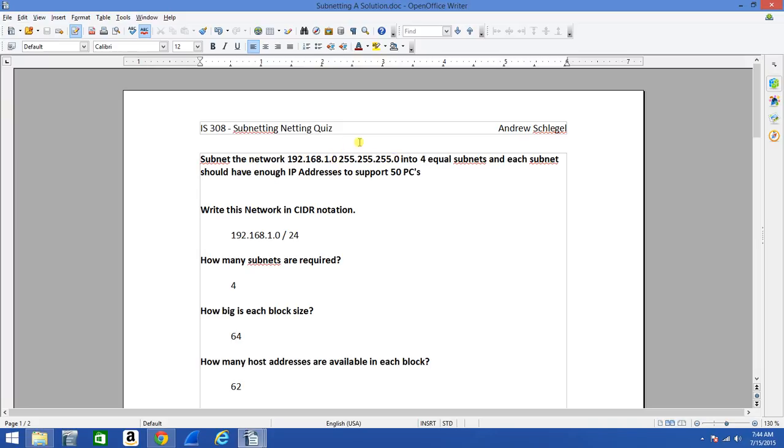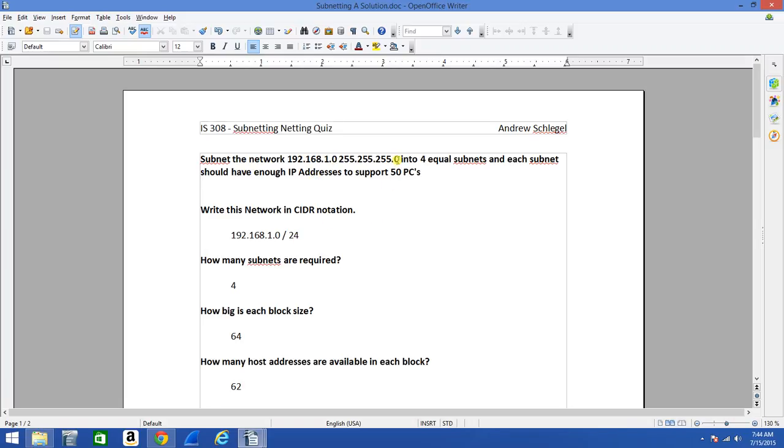This quadrant maps to this one, and this quadrant maps to this one, and this quadrant maps to this one, and this quadrant maps to this one. And this is telling you that all of these bits are ones. The second quadrant is telling you all these bits are ones. The third quadrant's telling you all these bits are ones, and the fourth quadrant is telling you all these bits are ones. And if we write that inside our notation, that's a /24.